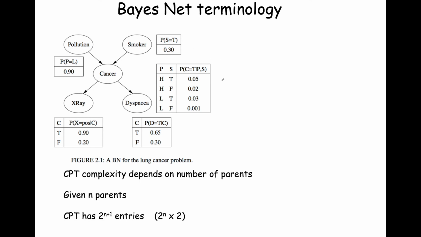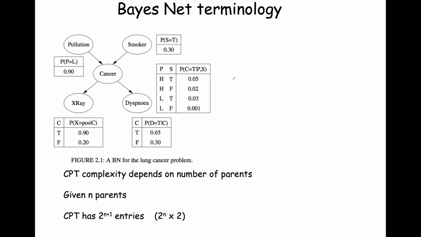Okay, and so the conditional probability table depends on the number of parents. The more parents you have, the more entries you're going to have. If you have 2 parents here, you have 4 entries. Given n many parents, you're going to have 2 to the n entries, assuming that it's binary. You change it from 2 to whatever that base is if it's 3 values, what have you.